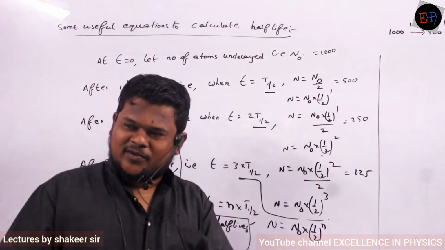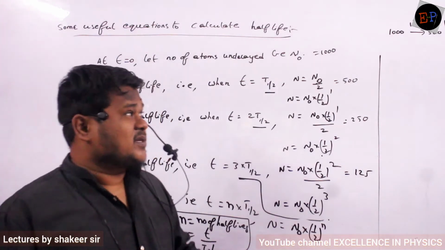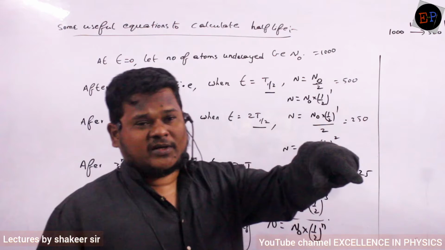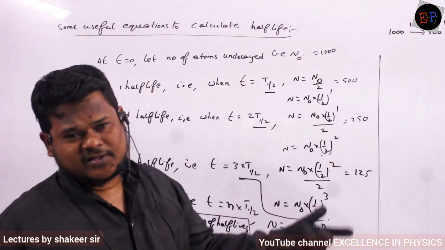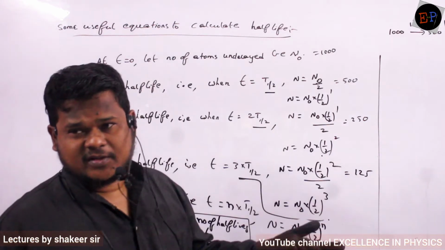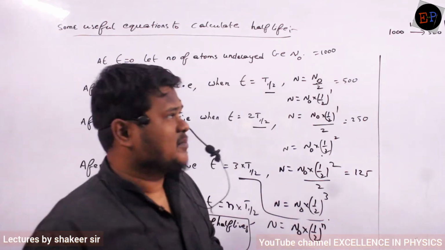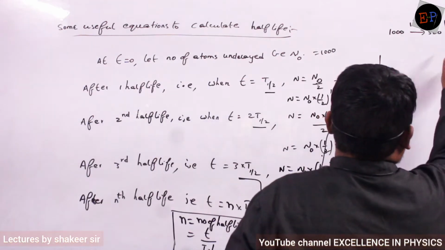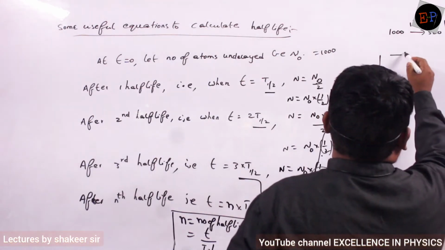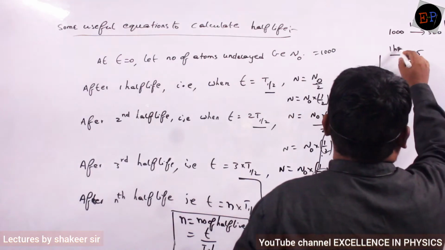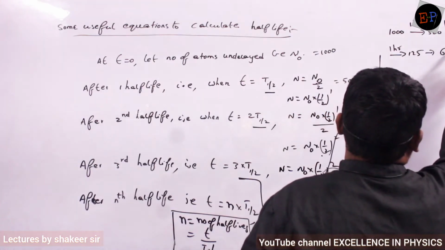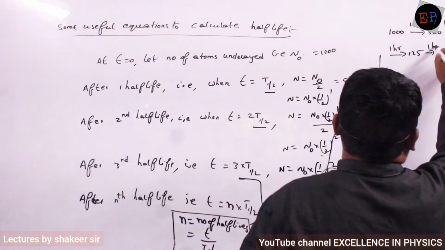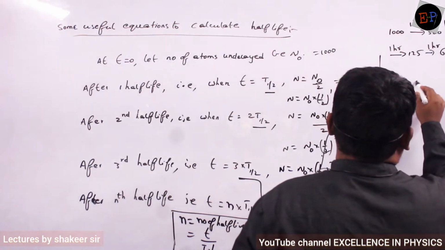Again it will take 1 hour only. So 250 to 125 also 1 hour, 125 to 62.5 also 1 hour. This is called half-life. So write down. Therefore, what is the note point we have to write?